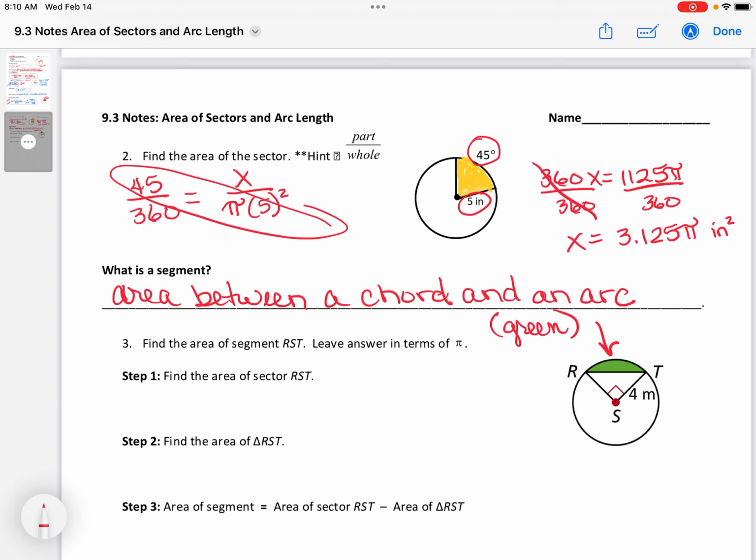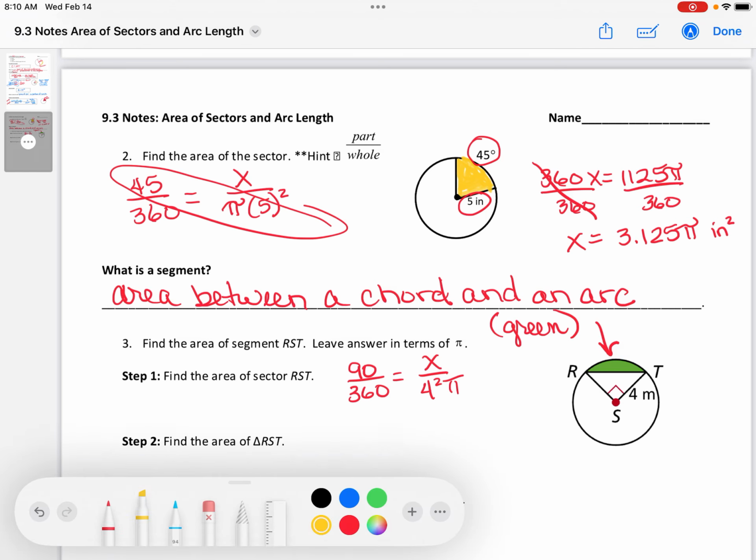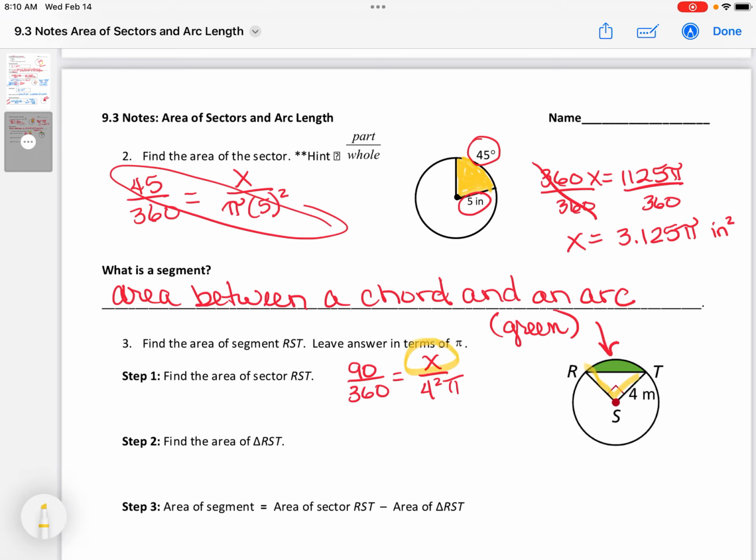Okay. So we're going to find the area of sector RST. So that's what we did right up in number 2. So we're going to do, oh, it's a right angle. x over 4 squared pi. So remember, this x is the whole thing. So first we're going to find the whole thing.